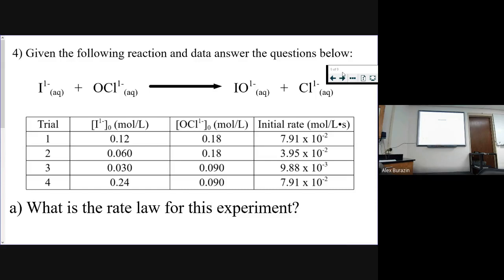From trial 3 to trial 2, this doubles. We know that as we double that, this should go up by 2.